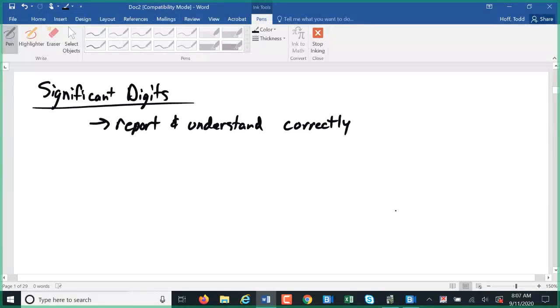So it's basically a standardized set of rules for how you record a measure, how you write it down, so that when somebody else is reading that measurement, they know that if you followed standard procedures, this is what that measurement means when they read it. And for calculating with measurements.